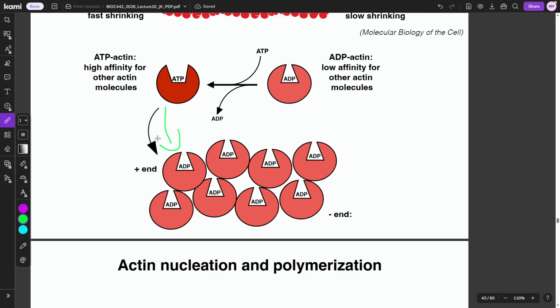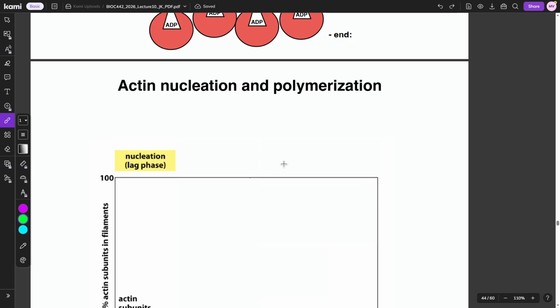It has the ATP, so the monomer is going to bind to the other actin monomers to make this polymer. These ADP versions have a much lower affinity for each other, though, so they're actually going to start slowly dissociating and breaking off. It's a bit of a different idea there.